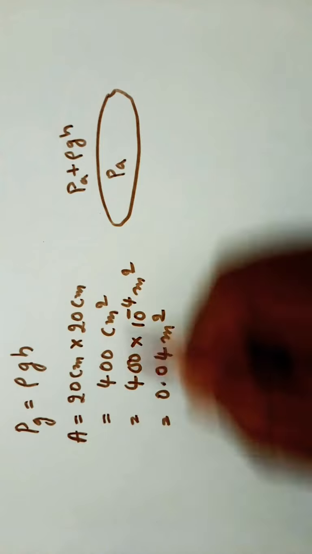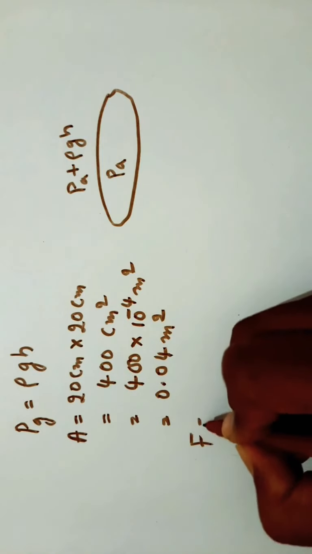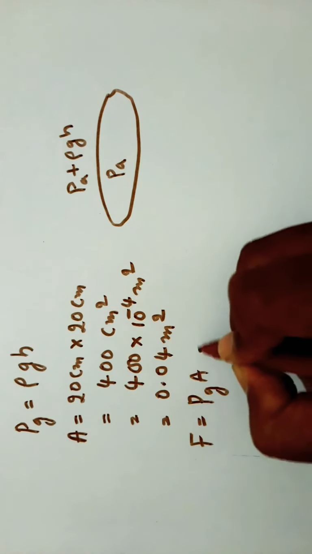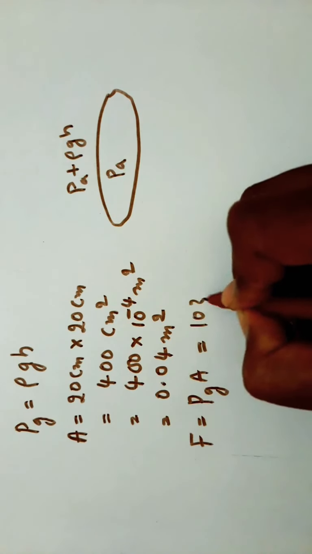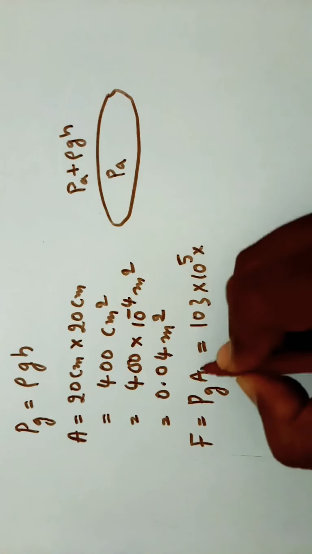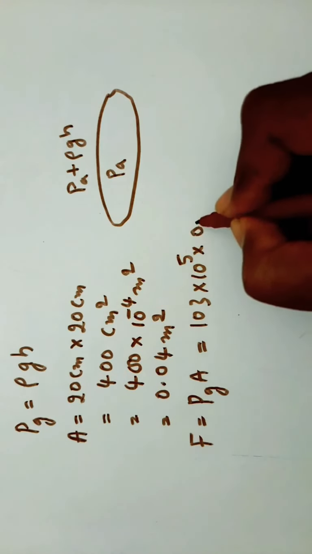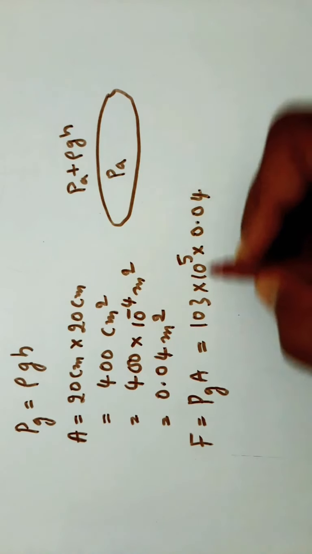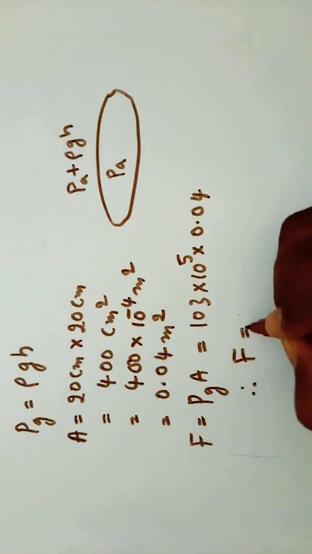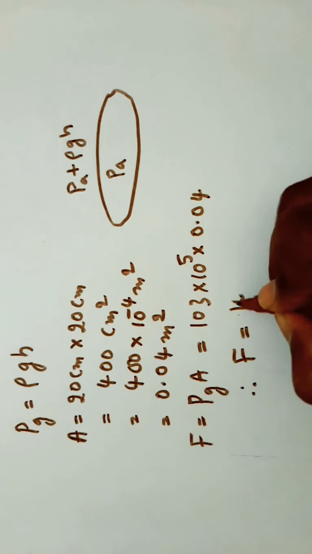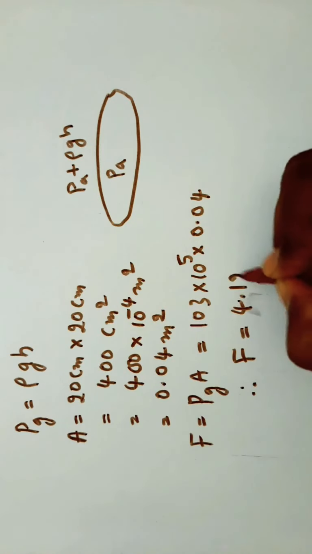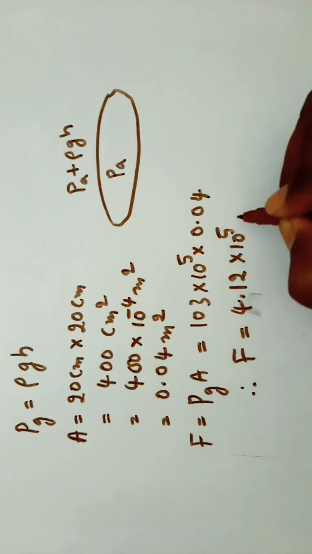So force on window is PG into A. So here PG is equal to 103 into 10 to the power of 5 Pascal into, here A is 0.04. So therefore we can get force on window F is equal to 4.12 into 10 to the power of 5 newtons.